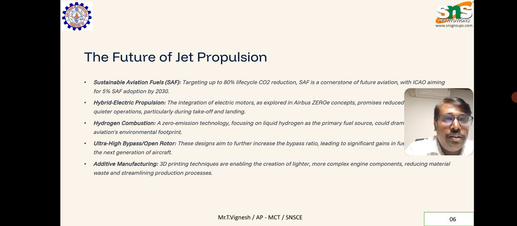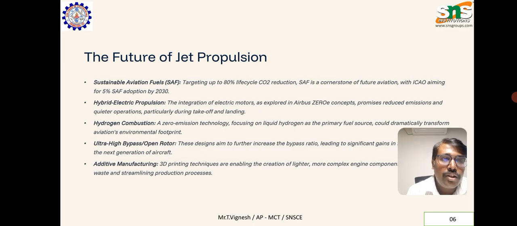Hybrid electric propulsion is also in research. The integration of electric motors, as explored in Airbus's ZEROe concept, promises reduced emissions and quieter operations, particularly during takeoff and landing. And as fossil fuels are getting replaced by hydrogen fuels, hydrogen can also be deployed in aircraft engines.